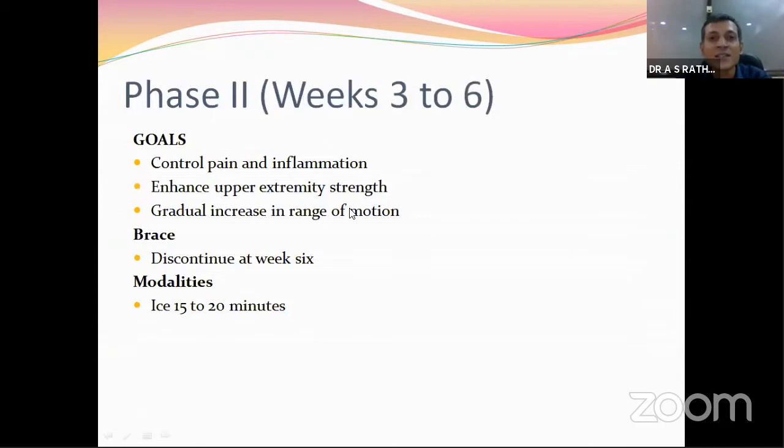In the second phase, which is from 3 to 6 weeks, our goals are to control pain and inflammation, enhance upper limb strength, and gradually try again to increase range of motion. By 6 weeks, we can discontinue the brace, and we can continue the ice pack to decrease pain.